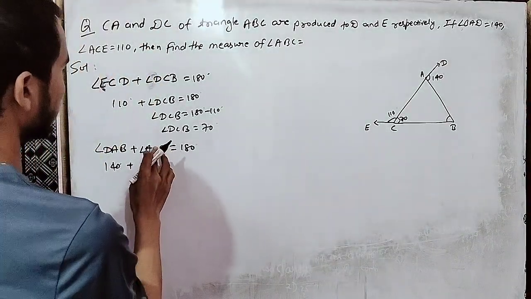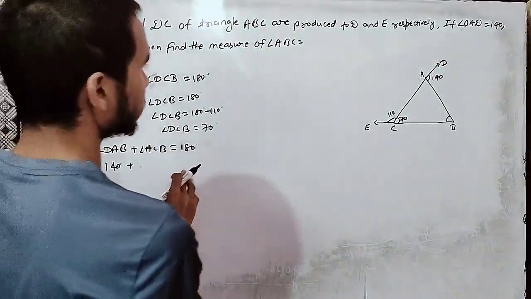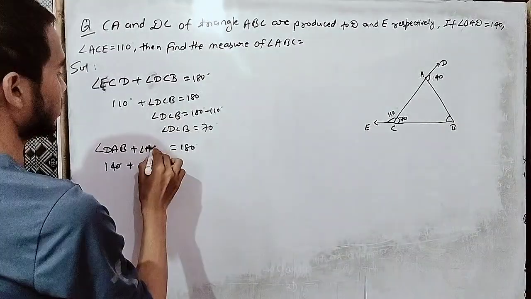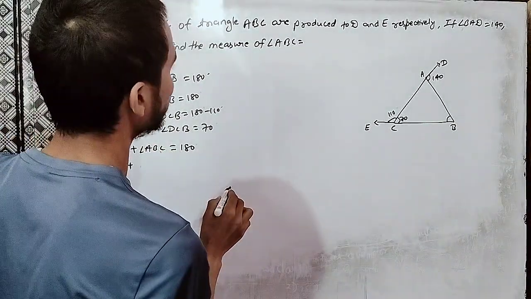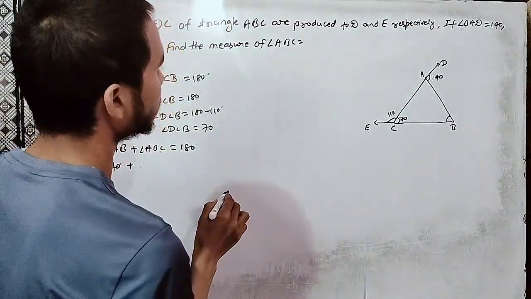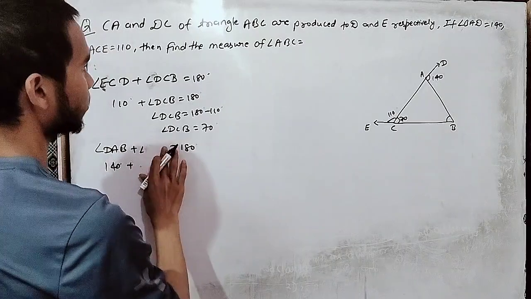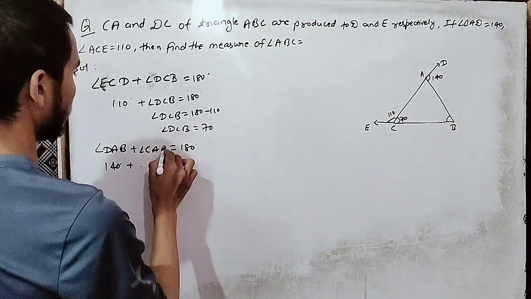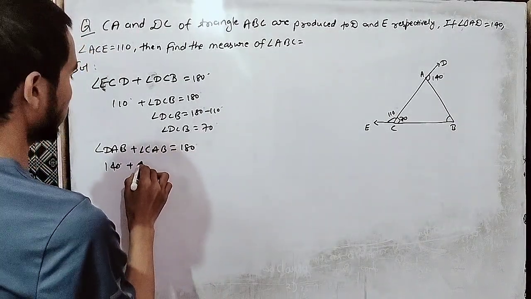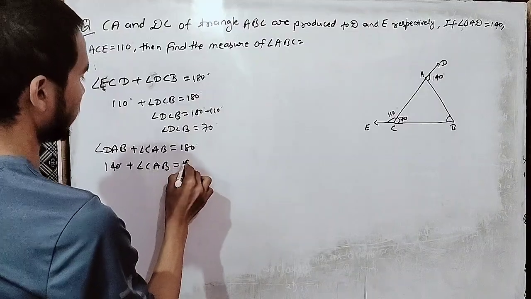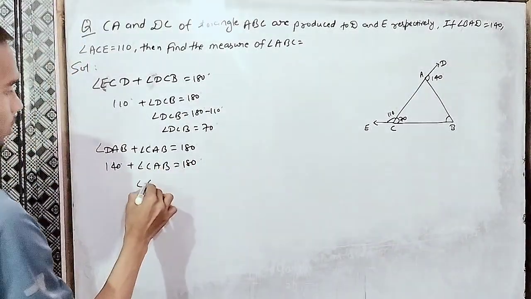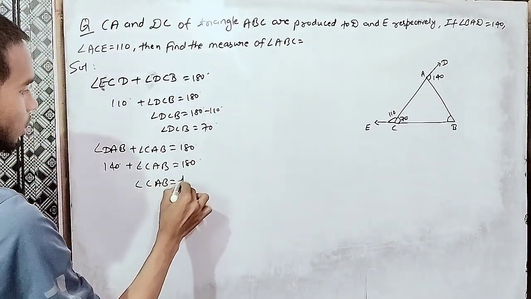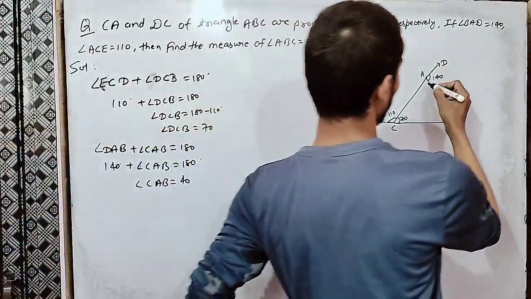Not ABC, CAB. You don't know CAB, it is 100. So CAB is how much? 40 degrees.